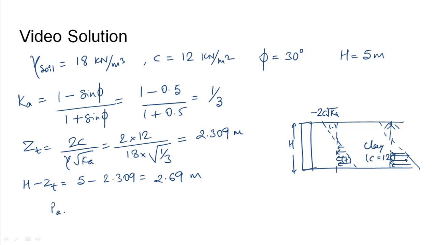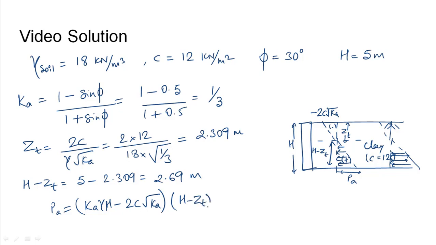The area of the triangle can be found out. Active earth pressure is given as Ka gamma h minus 2c root Ka. We need to substitute the value of height as h. This is the value which will exist here, that is Pa. The height that we will consider is h minus zt, where zt is the depth of the tension crack, into h minus zt into 1 by 2.